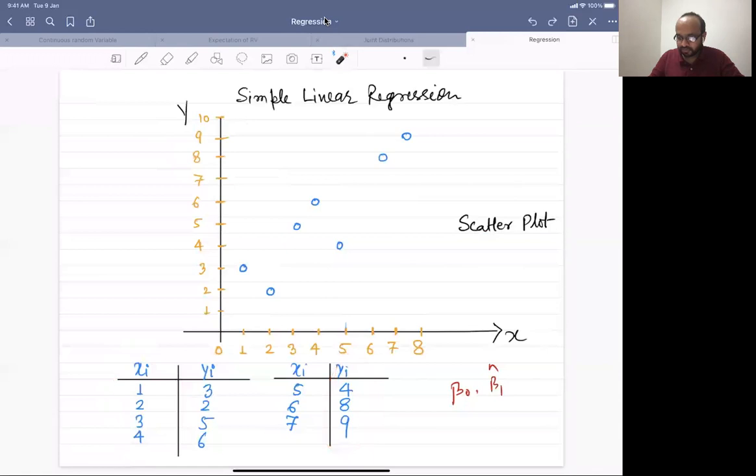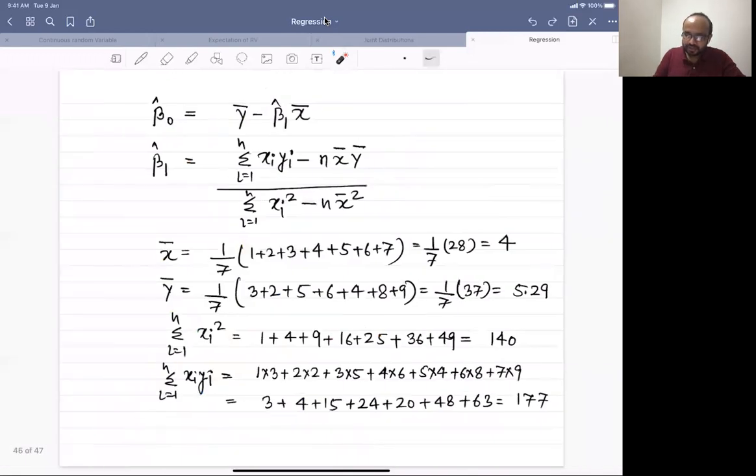This plot may not be perfectly scaled, it's just to give you an idea of how the values of y are varying with x. Fitted lines can be somewhere in between. I have not drawn them. I'm just estimating beta naught cap and beta 1 cap, using the relationships as I said before, with those equations and the data.